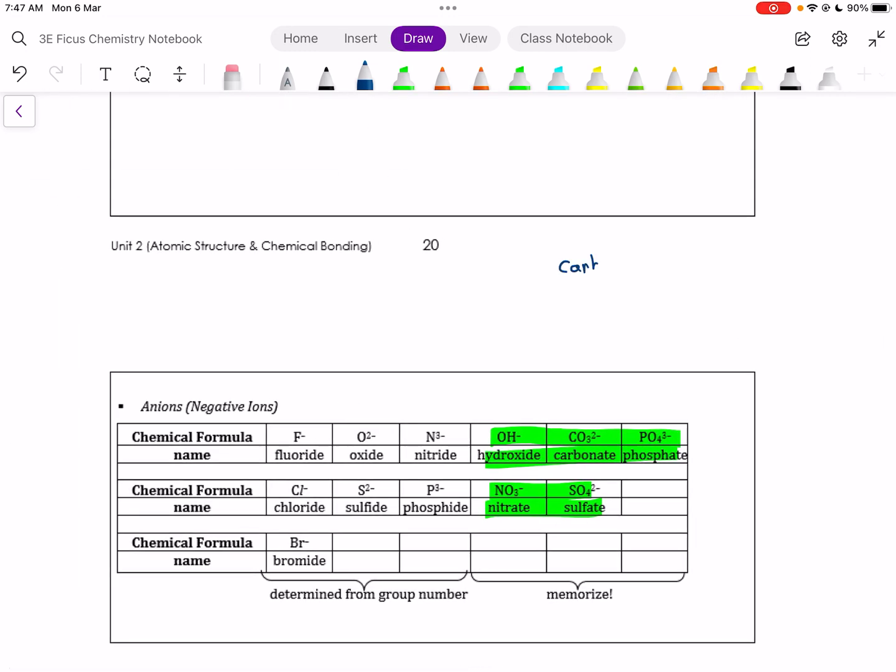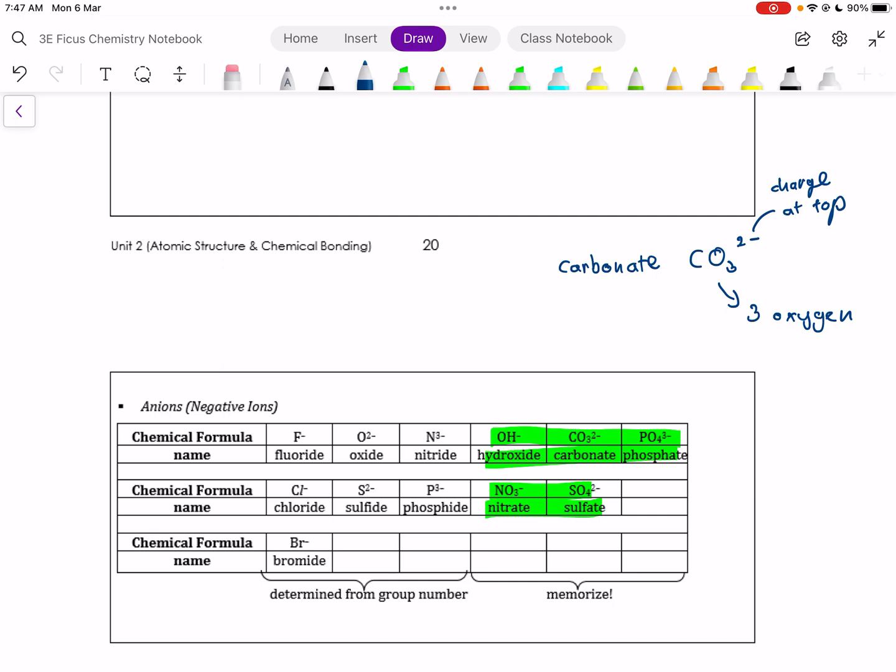Carbonate starts with a C. The charge is at the top. The 3 at the bottom is not the charge, it means there are 3 oxygen atoms.